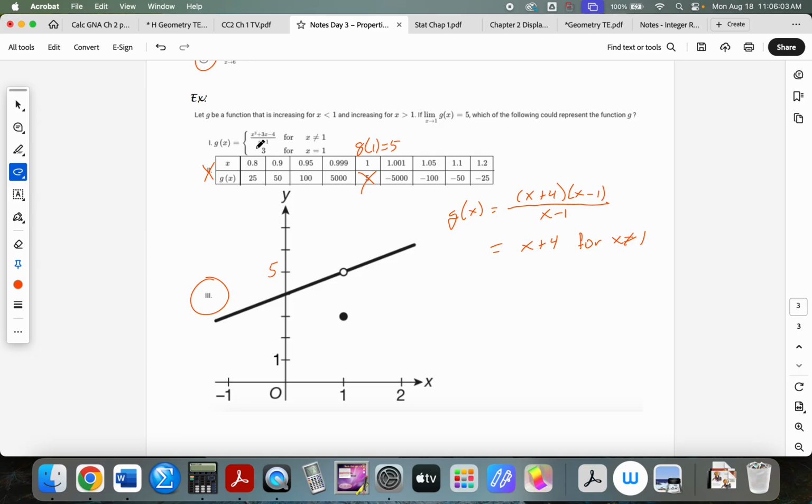No. We don't care what happens at 1, we only care what happens near 1. This could also represent g. In fact, this is the graph of that.